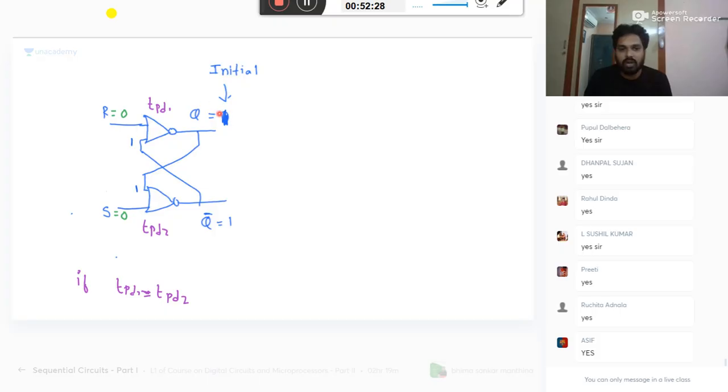Because I don't have two writers, I cannot write two at a time, I am writing one by one, but you understand these two will change at a time. 0, 1 is 1, whole bar is 0. Both will become 0.